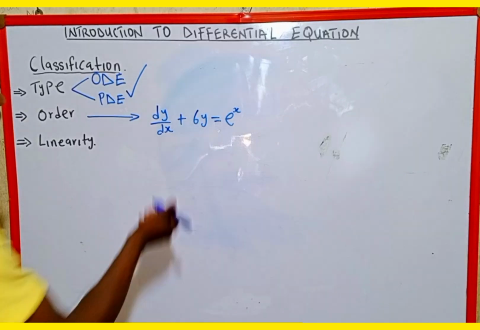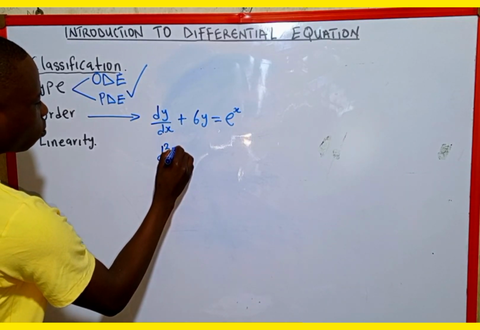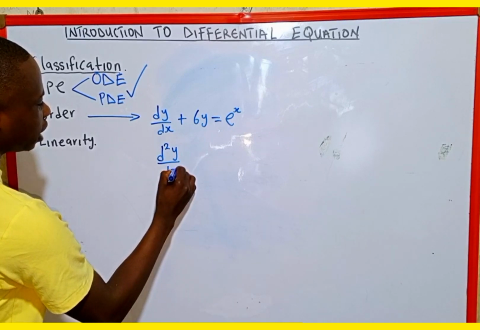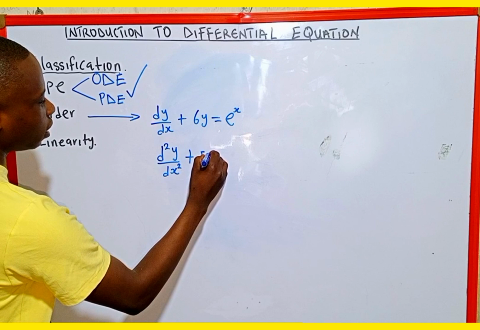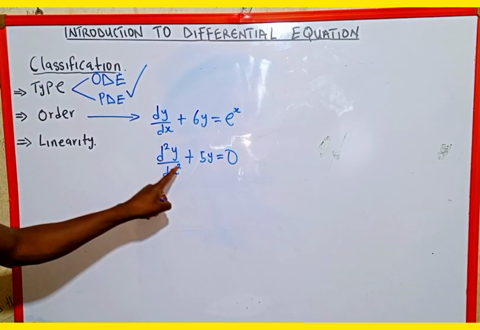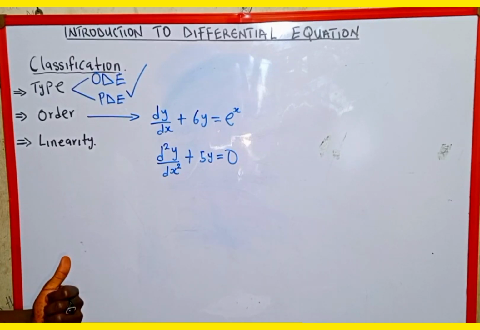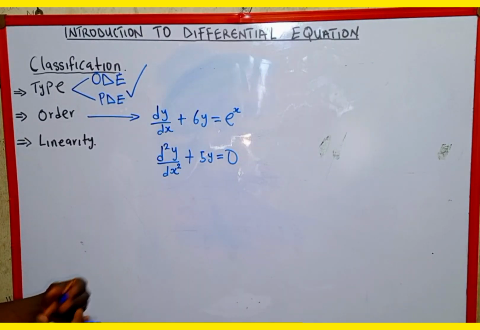We can also have a second order equation, represented as d squared y over dx squared plus 5y is equal to 0. This is a second order differential equation, and this is in Leibniz form. A differential equation can also be written in prime notation.